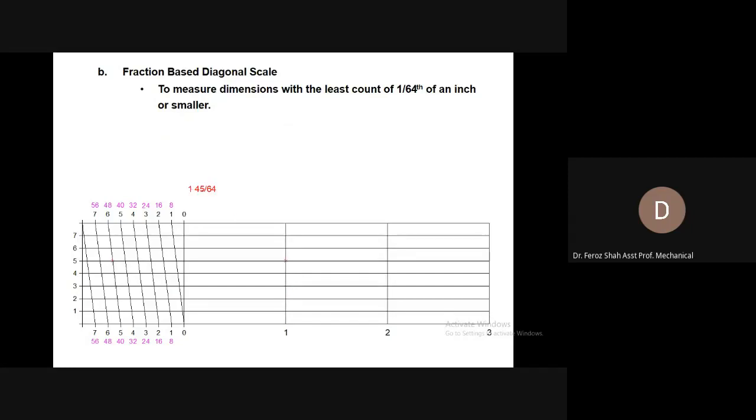One whole 45 by 64. So from here to here, it is 45 by 64.